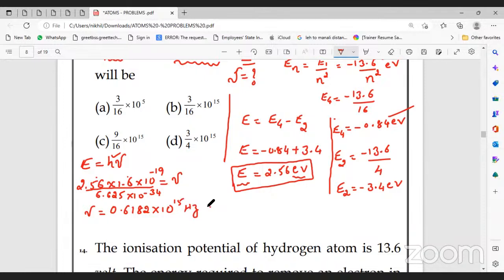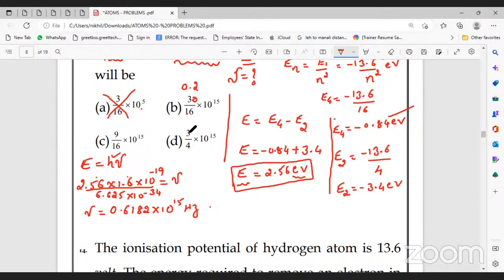So 0.6182 into 10 power 15. The options are not given in terms of the decimal. But I look, 10 power 15 is there, here 10 power 5 is there, so this option is ruled out anyway. Then if you divide 3 by 16, if I put 0 point, it will become 30. What is 30 by 16? It is approximately 0.2, but I require 0.6.